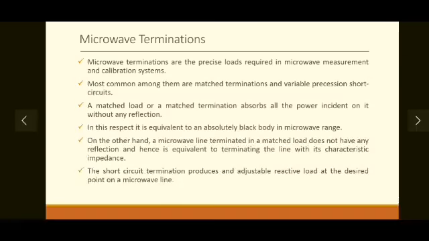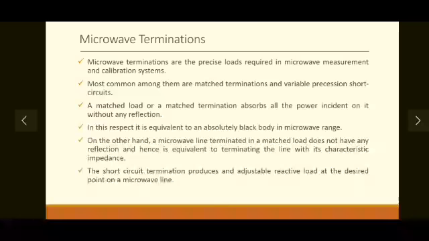Terminations are usually used for taking an output. That output may be for different applications, and depending on the application, different loads will be connected to the system. Sometimes you are just measuring or calibrating something, or sometimes you are attaching a particular application to it. So different applications require different terminations.